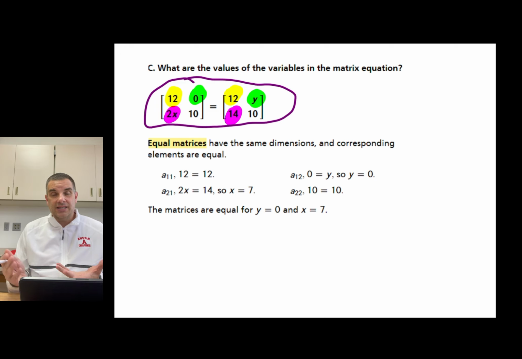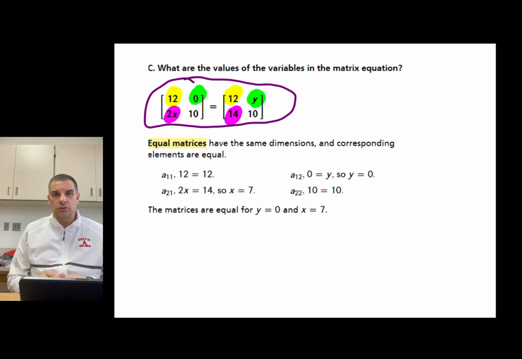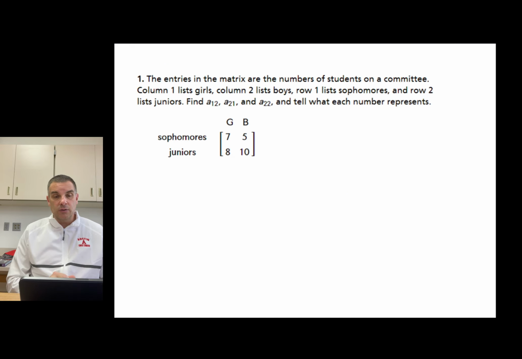So 2x has to equal 14, so x is equal to 7, and 10 equals 10. So equal matrices have to have an equal sign between them, and they have to be the same dimension. And then each element that's located in the same spot is equal to each other, and those are what we call equal matrices.